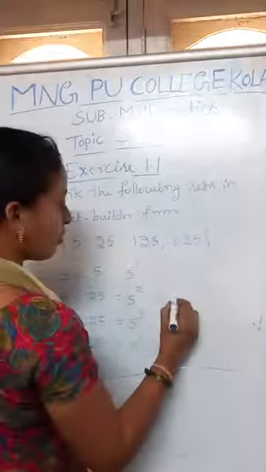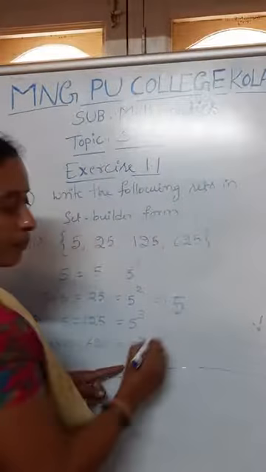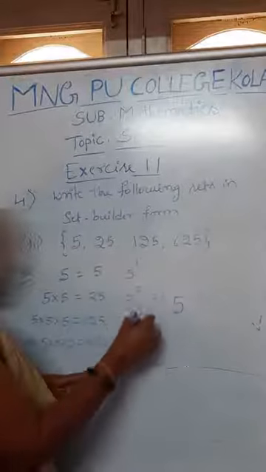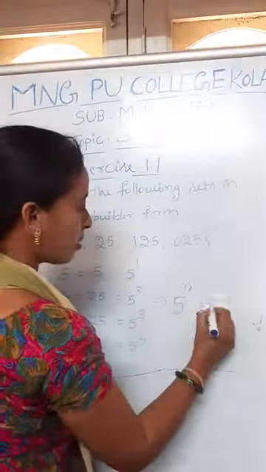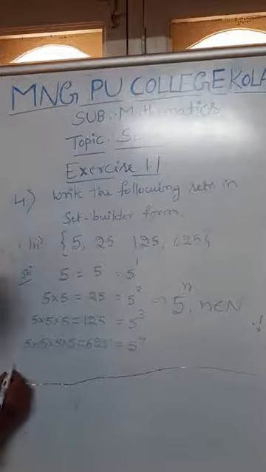So this can be written: 5 is the same, so I write 5, but the natural numbers change as 1, 2, 3, 4. That is 5 to the power of n, so that n belongs to the natural numbers N. Therefore, this can be written in set builder form.